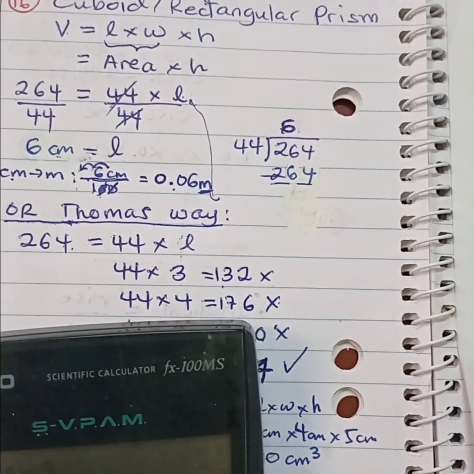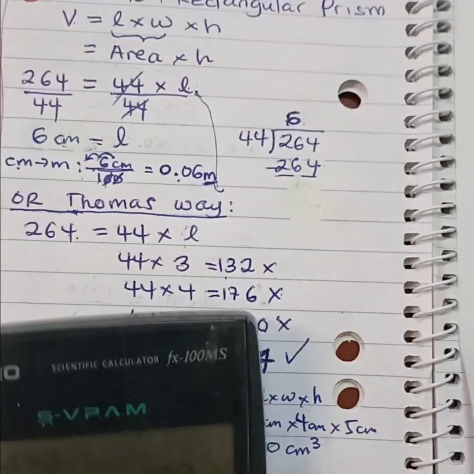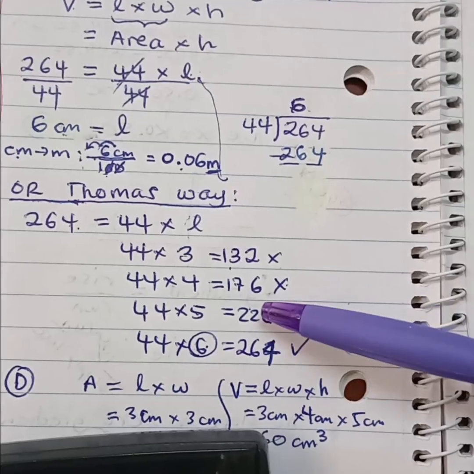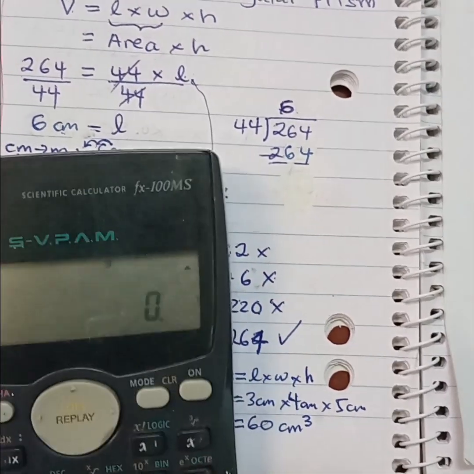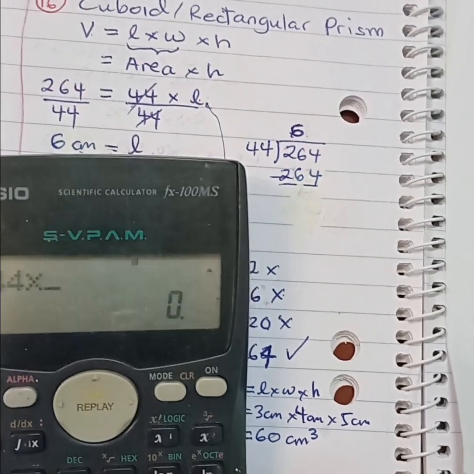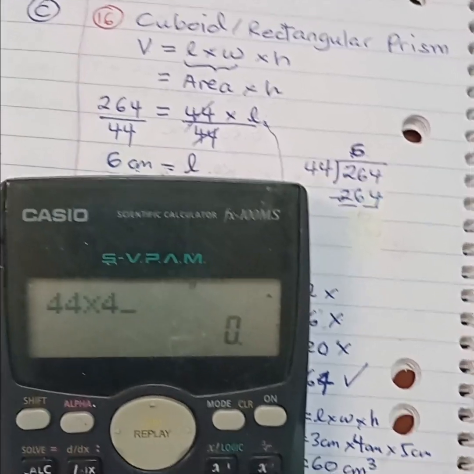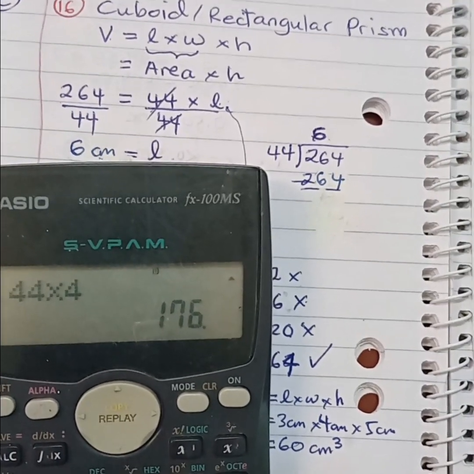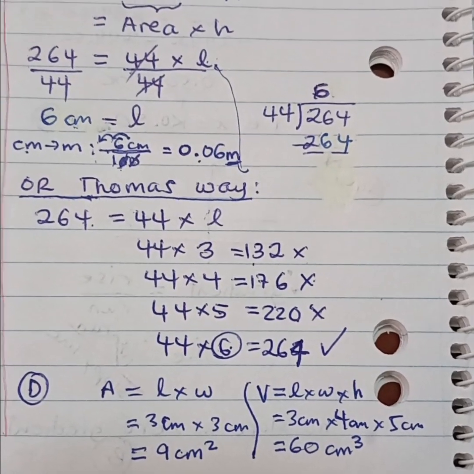Let's check option B. Option B says the length is 4. Let's substitute. 44 times 4 gives 176. Okay, it's not the correct volume, so it doesn't work.